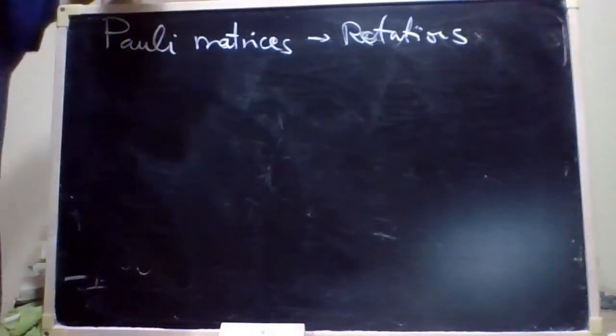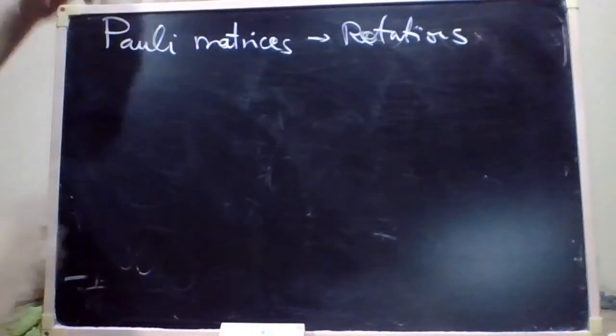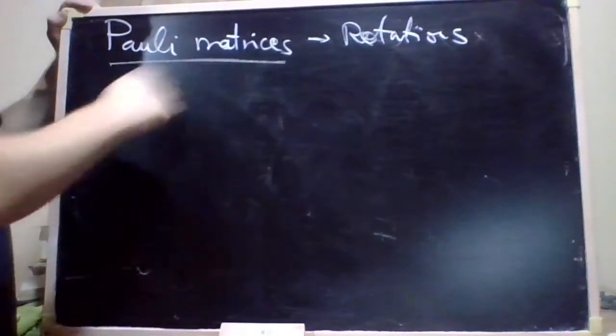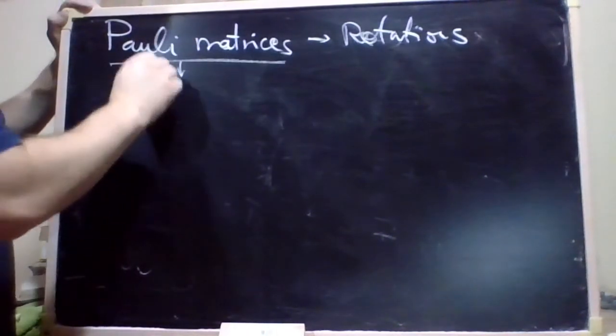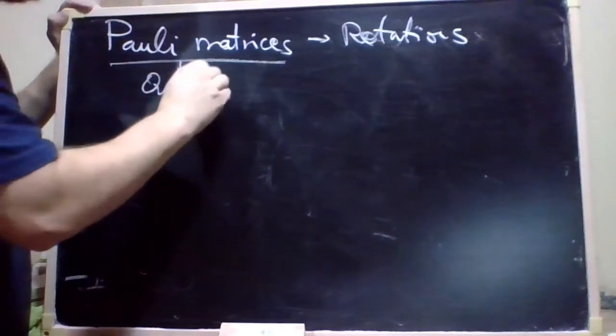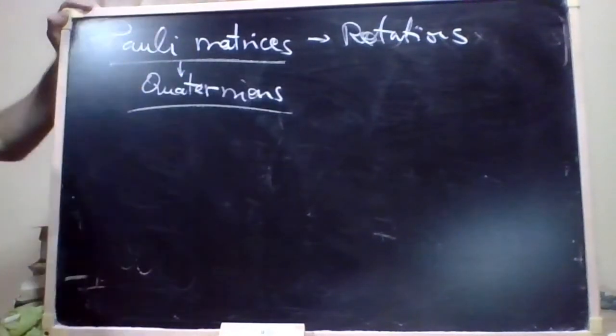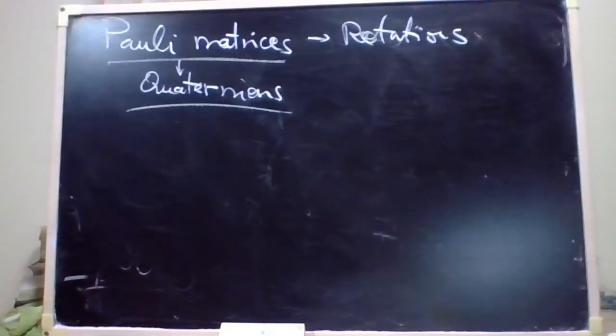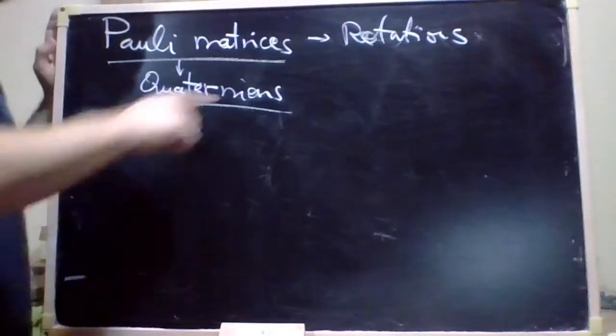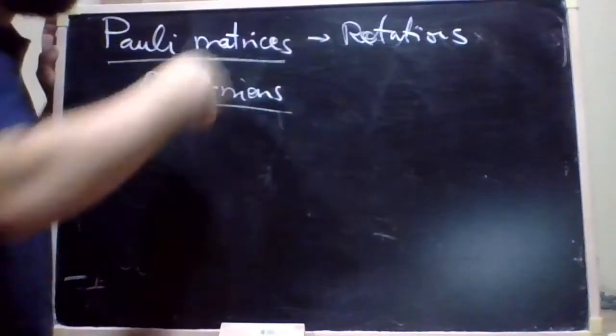I already mentioned previously there is a link of Pauli matrices with quaternions. If you are interested, you can just Google quaternions, and you'll find links between Pauli matrices, rotations, and quaternions.